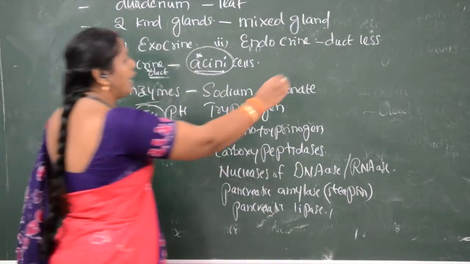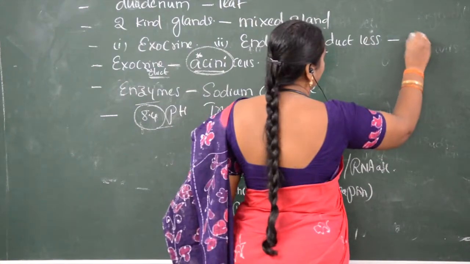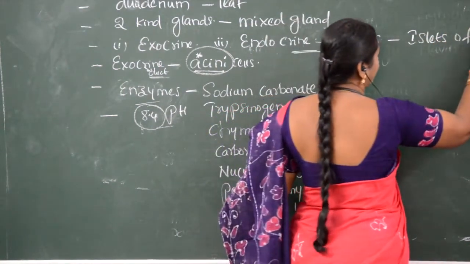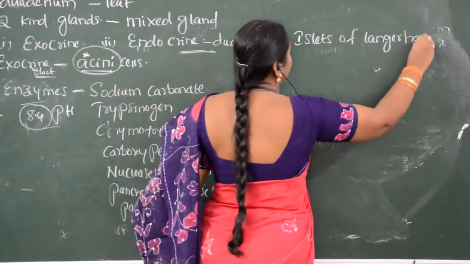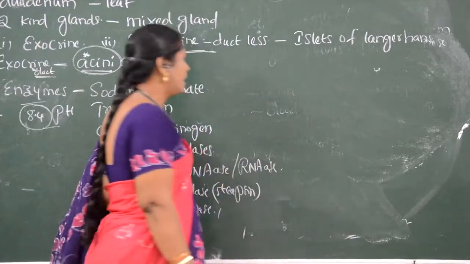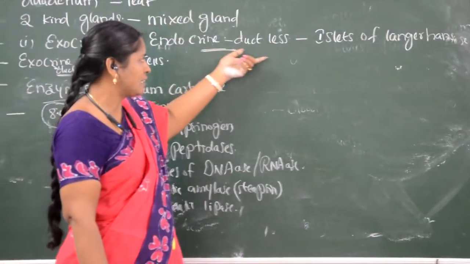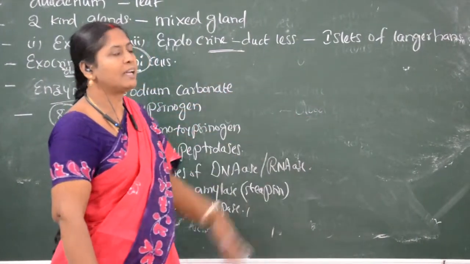If you see the endocrine pancreas, the cells present in it are called islets of Langerhans. The endocrine pancreas is the ductless gland.